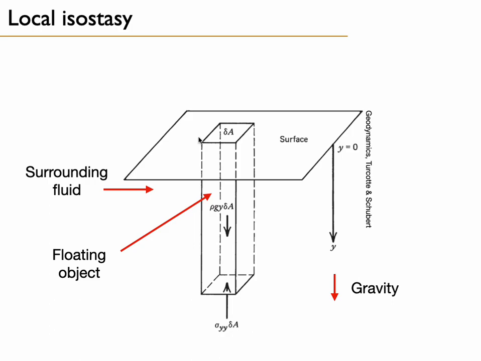So it's a bit like the picture of the iceberg. That's the tip of the iceberg and the root of the iceberg. You have the axis coordinate y, which is 0 at the surface, and increasing downwards. The gravity is also acting downwards. So the surrounding fluid is all around the place, and the floating object is restricted to this area.